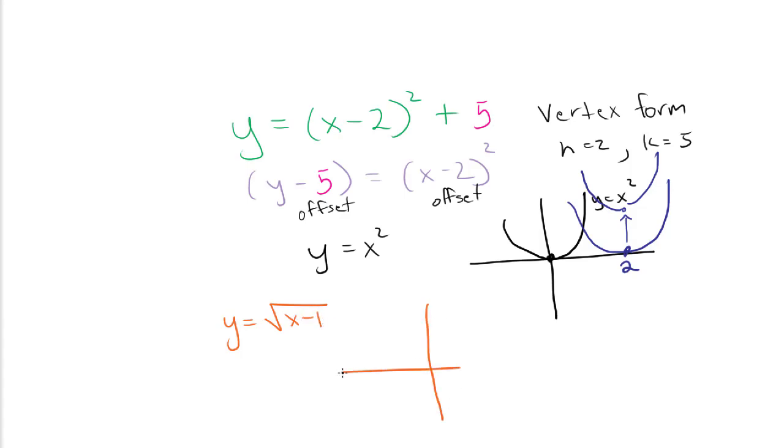Well, a square root of x graph we've seen before looks something like this. If I'm offsetting the x by minus 1, that means I'm shifting the graph 1 to the right, and it will look effectively like that. Almost essentially the same graph, but shifted plus 1 to the right for my x minus 1 offset.